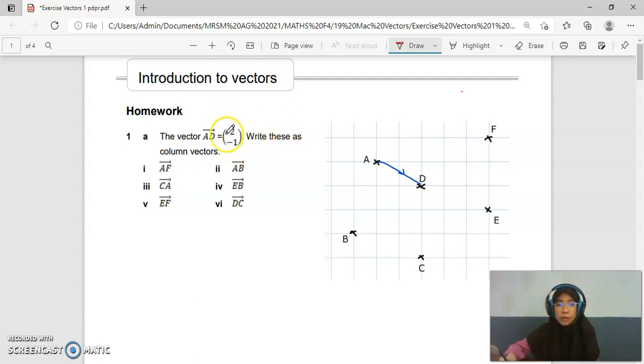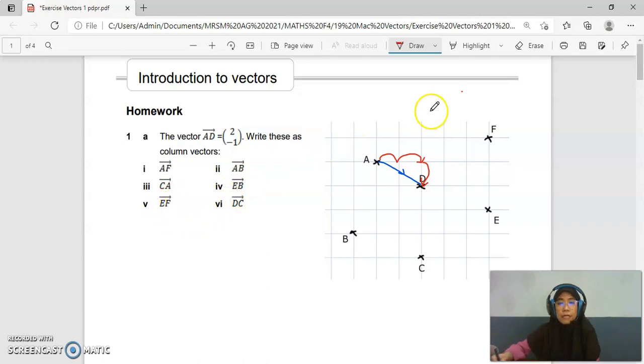For this part, we can see that the X direction is 2 to the right. So it moved 2 steps to the right, 1, 2, and then 1 downwards. Okay, that one is (2, -1).